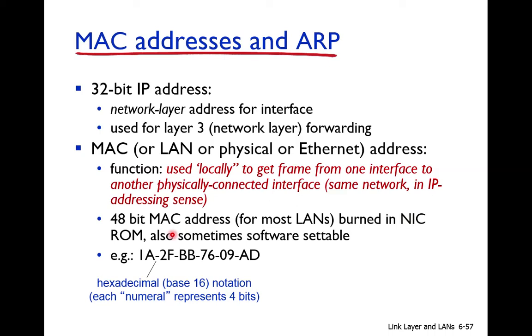But it is possible that some functionality of the MAC layer is implemented in software and some in hardware. The MAC address is often implemented in hardware and burned in the NIC ROM, so you cannot change it. But sometimes by software you can change it.